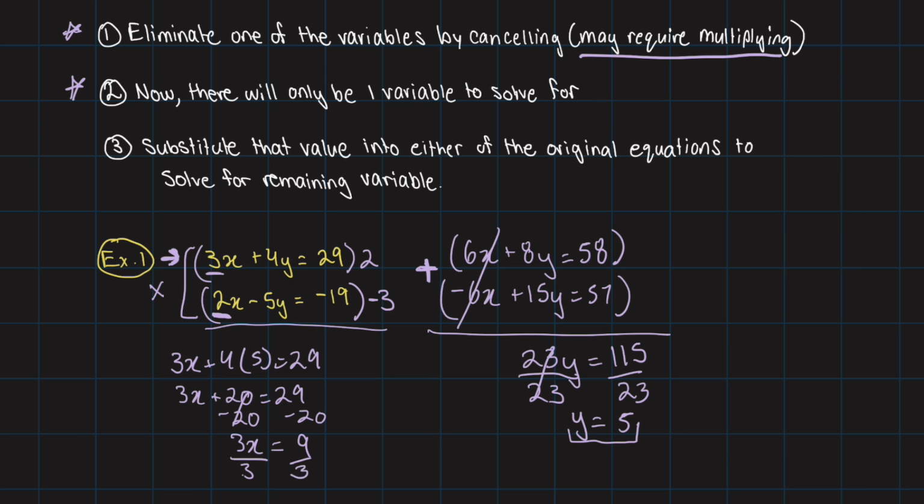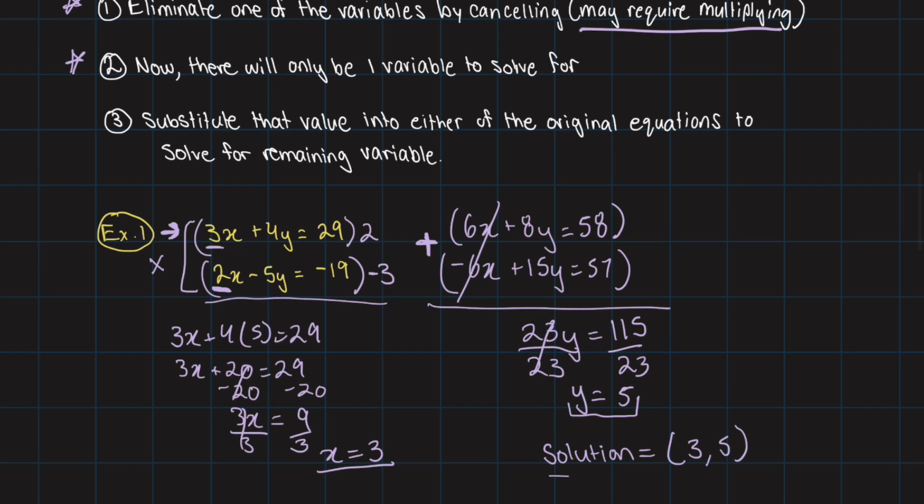Divide both sides by 3 and we get x equals 3. And that is our final solution for this question, (3, 5). And you would have gotten the exact same answer if you chose to eliminate y in the first step.